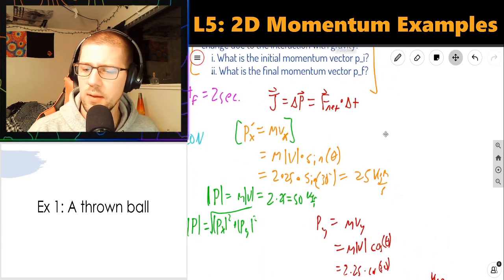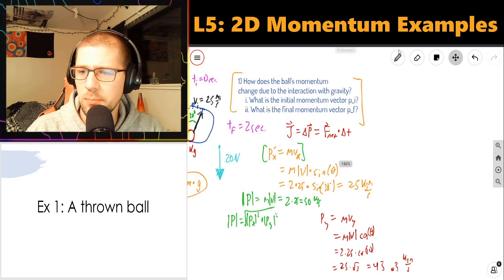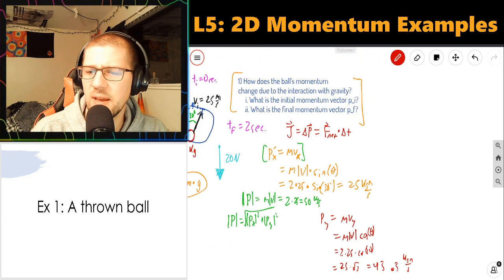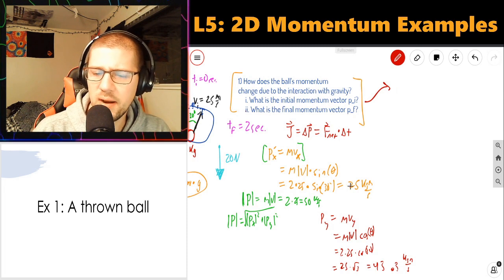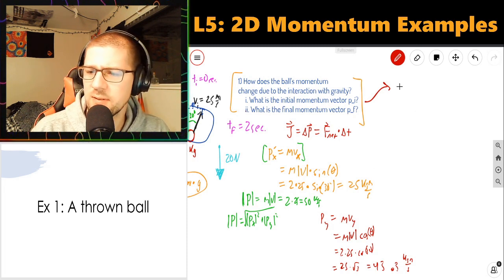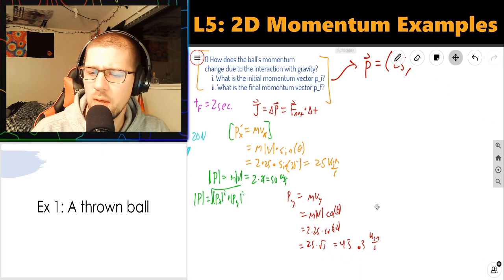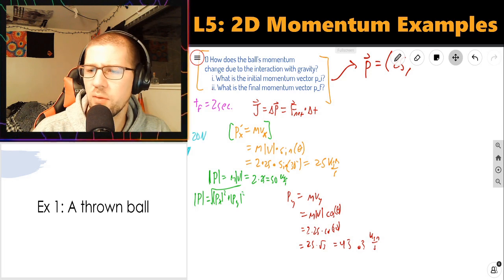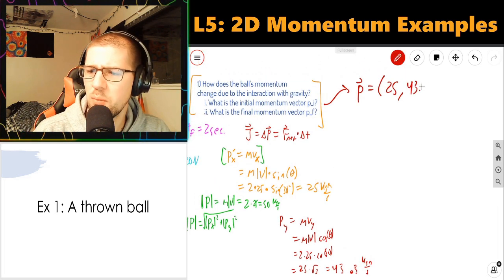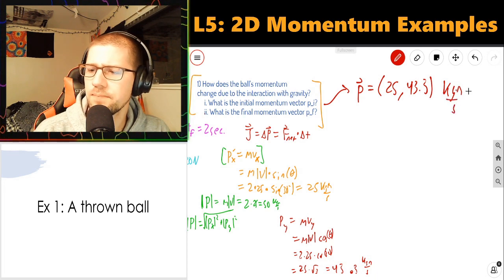So to answer my initial question, part 1 here, what's the initial momentum vector, pi? I look and I say, okay, px is 25, so p equals 25, comma, the y component is 43.3, and that's kilogram meters per second.